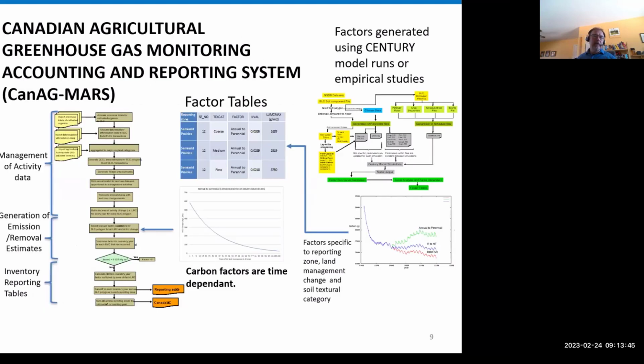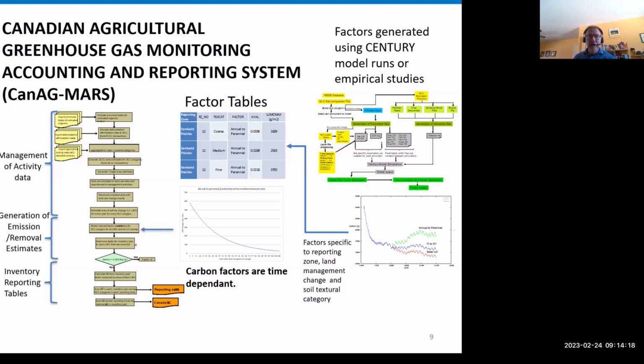And this is all implemented using the Canadian Agriculture Greenhouse Gas Monitoring and Accounting and Reporting System. And from now on, I will call it CanAgMars if I refer to it, because that's kind of a mouthful and it's kind of hard to say on a regular basis. So CanAgMars was developed in collaboration with Environment Canada and Natural Resources Canada, the Canadian Forestry Service, in order to capture the changes in carbon as a result of land use change.